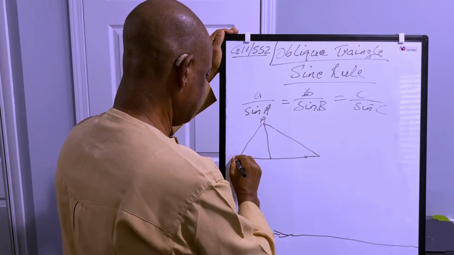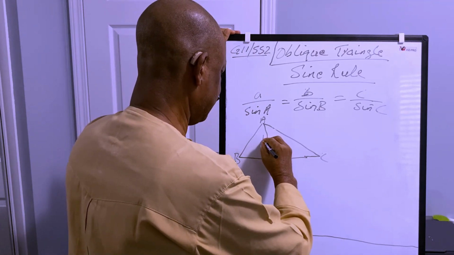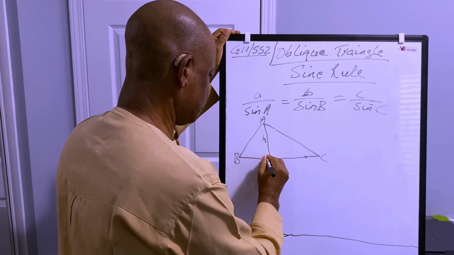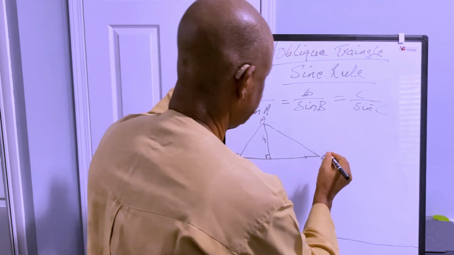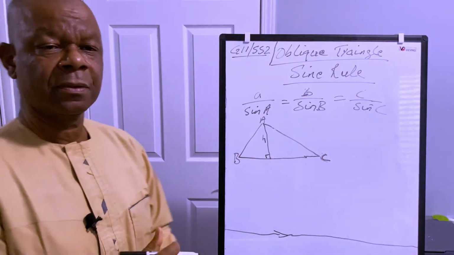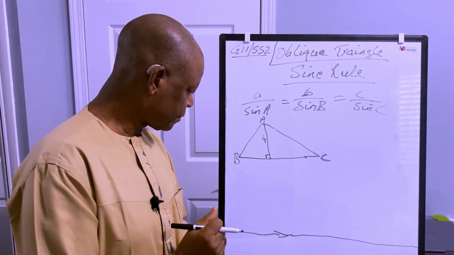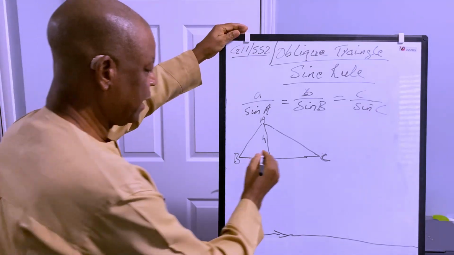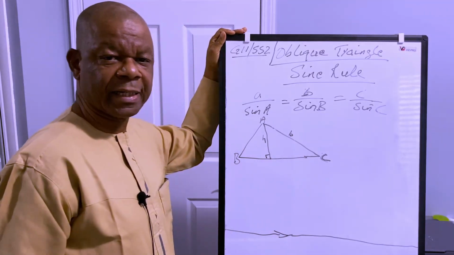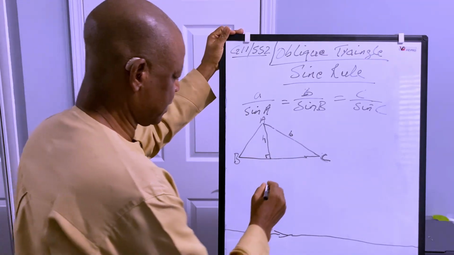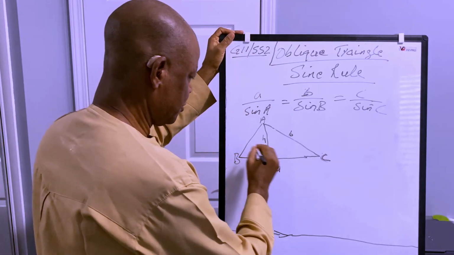Let this be A, B, C, and let this be the height, and this is 90 degrees. The triangle ABC is a non-right angle triangle. Here is B. Remember that a side is a small letter, while the angle is a capital letter. While this is A, and this is C.